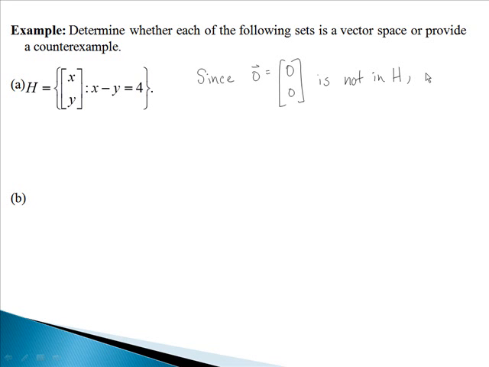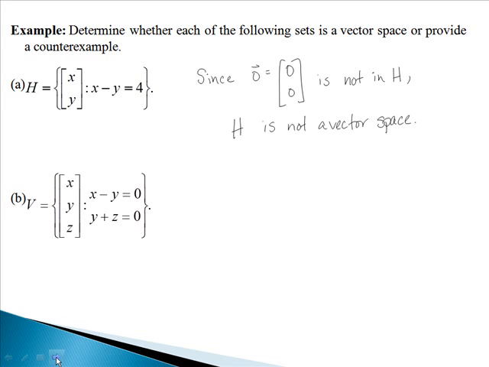The easiest thing to do would be to look at our properties for subspace and look to see if the 0 vector is in here, and we know that it's not. If I choose values for x and y, there's no way that I can get them both to be 0 and satisfy my equation. So the 0 vector is not in H, and thus H is not a vector space.